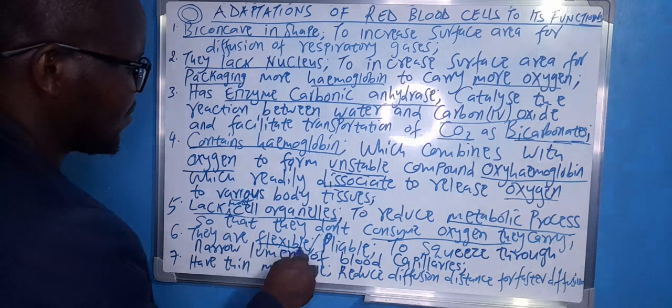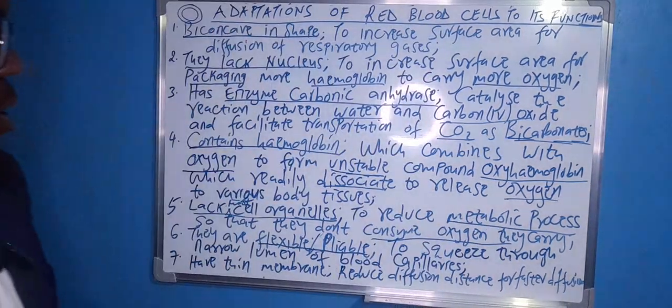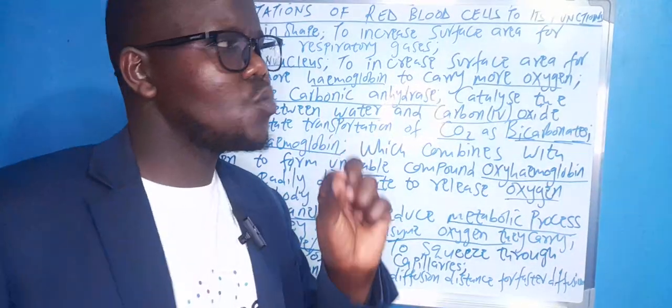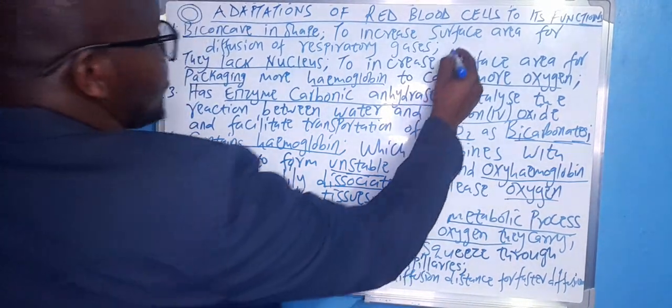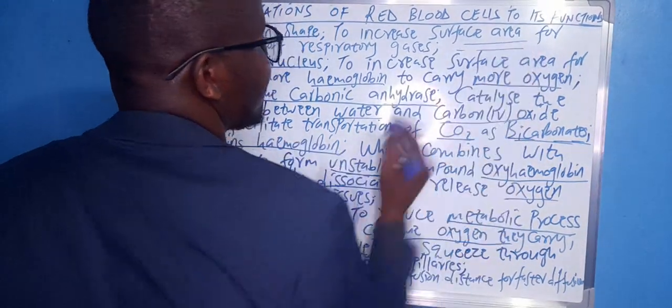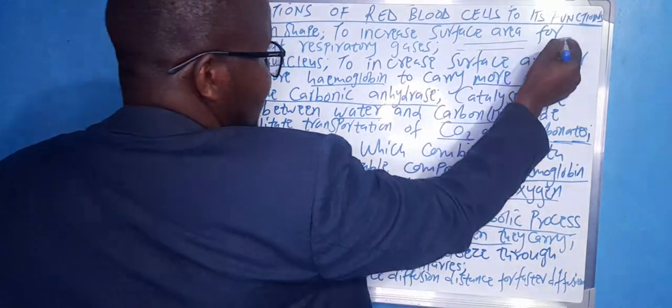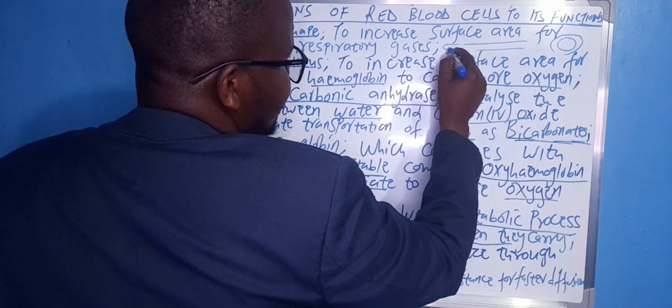Then the second last is about being flexible or pliable. What is the meaning of being flexible or pliable? The main reason is so that they can squeeze through the narrow lumen of the blood capillaries. This is your blood capillary, and you can check our red blood cells, they are in this form.